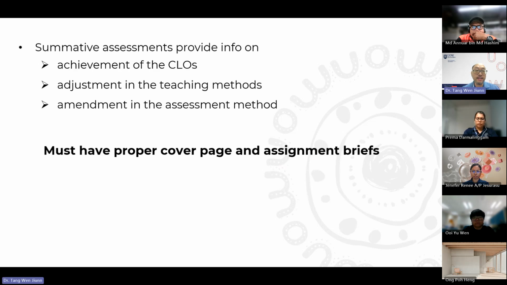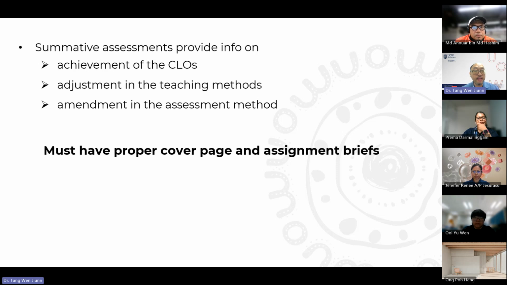So this summative assessment provides information on achievement of the CLO, and adjustment in teaching methods. Let's say after the end of the semester, you can see the students cannot perform, then maybe you can start to adjust.